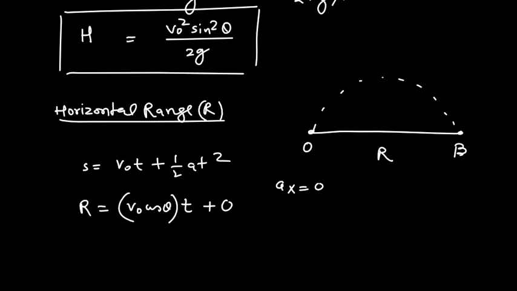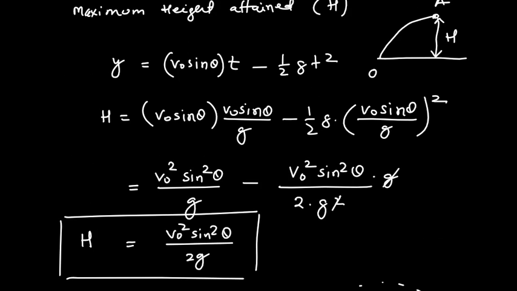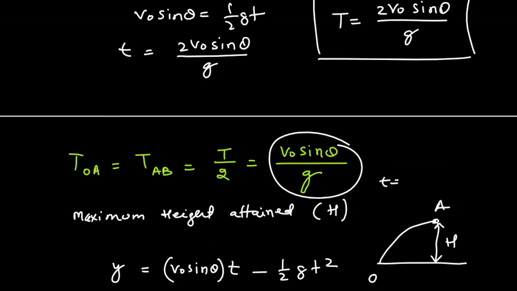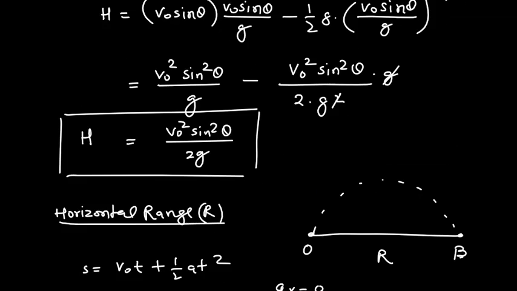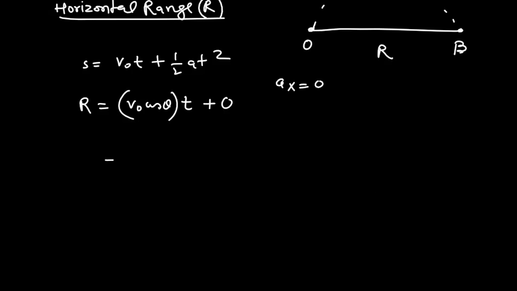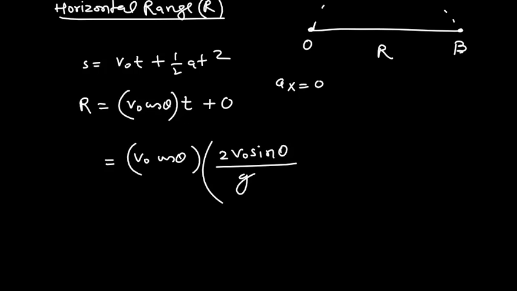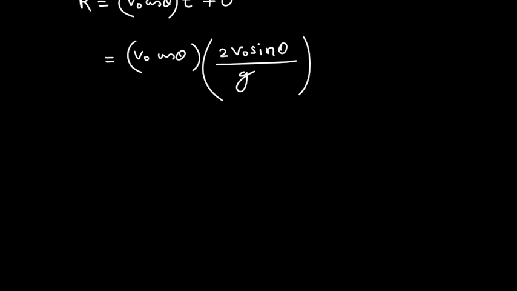Now the time t is the total time of flight, which we have just computed here, which is 2 v naught sine theta over g. So let me just put the value here: v naught cos theta and then 2 v naught sine theta over g. That is the value of t.